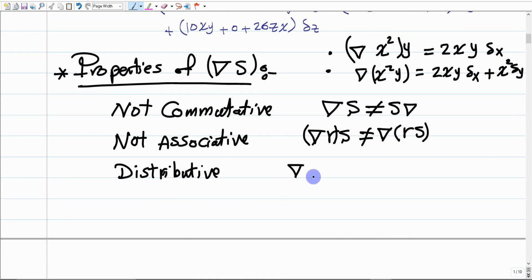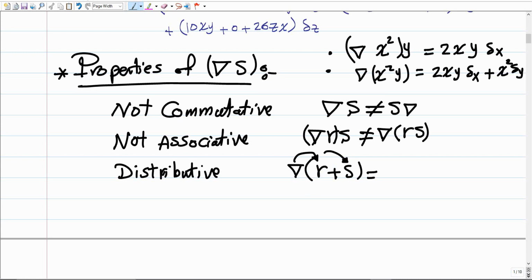So what does it mean? It means that, for example, if we are interested in the gradient of r plus s, where r and s are both scalar fields, it's more accurate to say that these are fields, then it is fine to distribute the delta over r plus the delta over s.